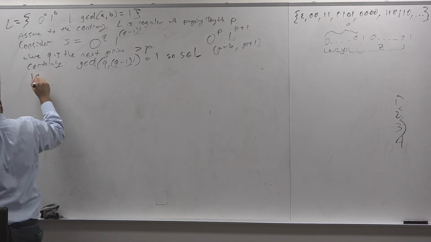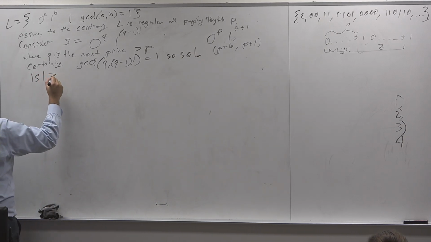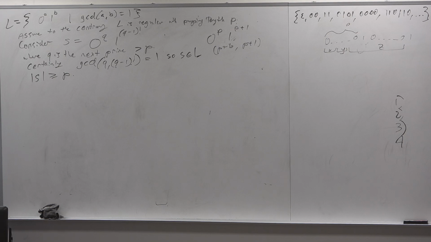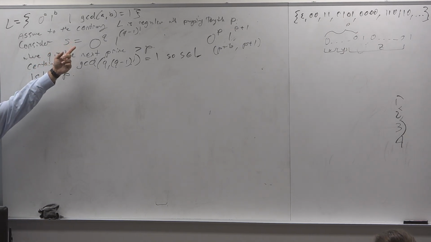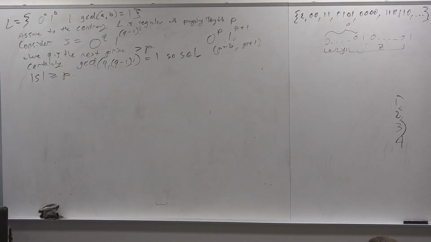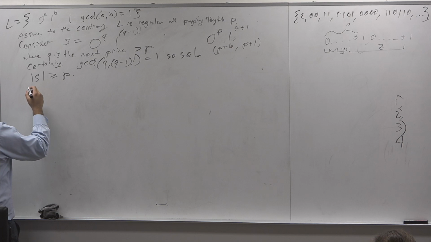And the length of S, I don't even want to compute it, but it's definitely greater than P, just by definition. Why? We said Q to be the prime bigger than P. Fine. What cases do we have? We have all the same cases.